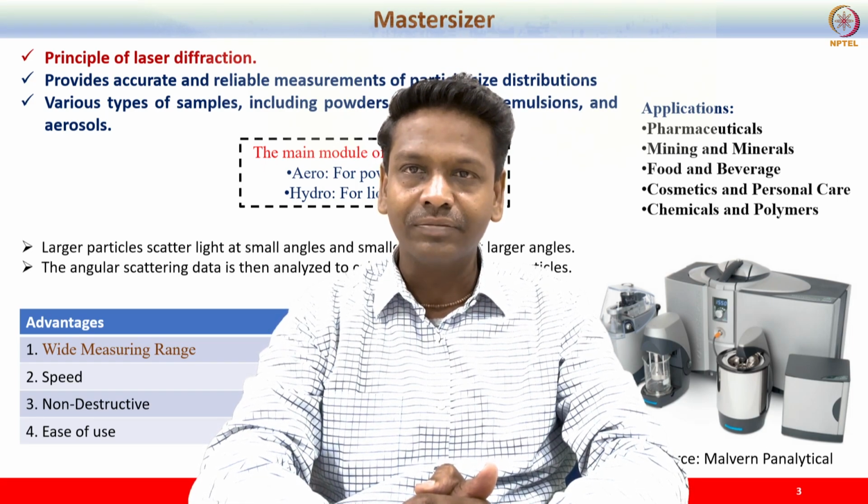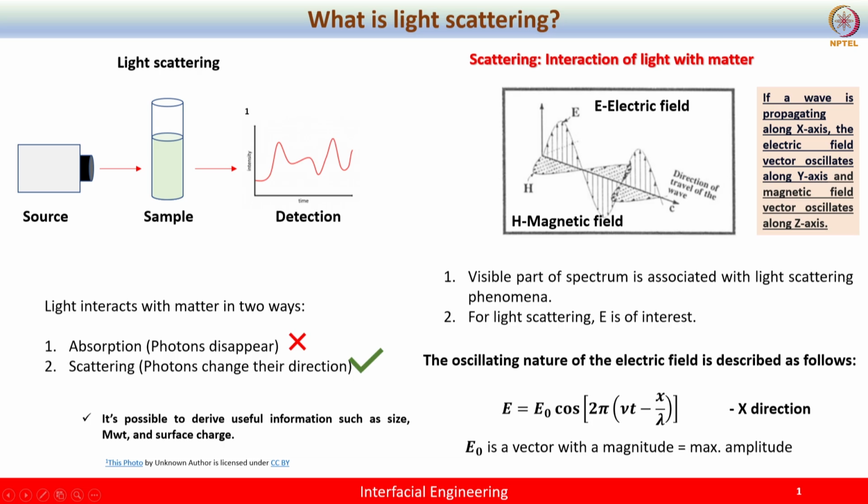Okay, let's begin. I will try to give you an overview of light scattering and how it works, so a little bit of the theory behind the Mastersizer. We all know what light scattering is.